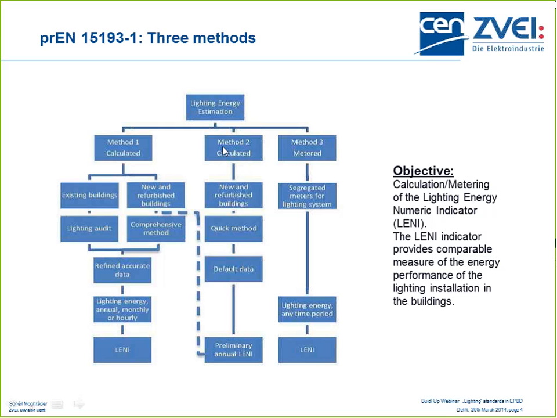We don't know how the different rooms will be. So there we need just an estimation of how this will be done in the building. And so there we have the possibility to use this quick method and gain some default data, which leads to a preliminary annual LENI, giving an estimation in which direction we are going.